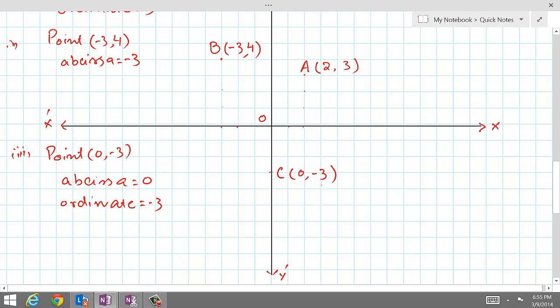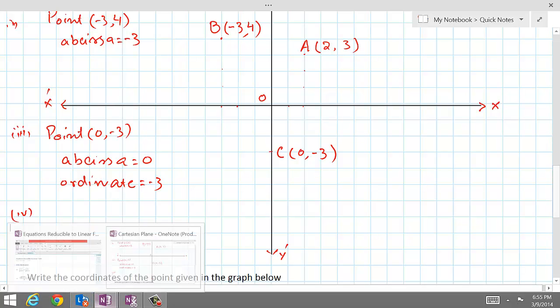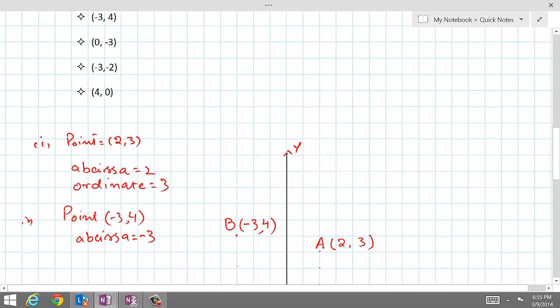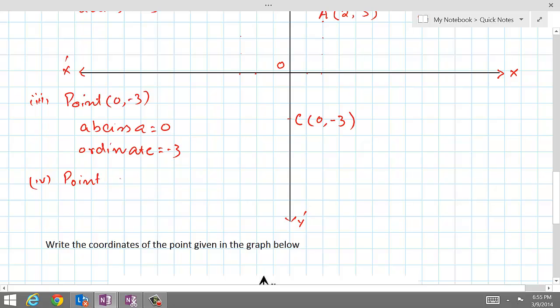And let's plot one more point before we end this. The fourth point, if we go by the questions here, is -3, -2.